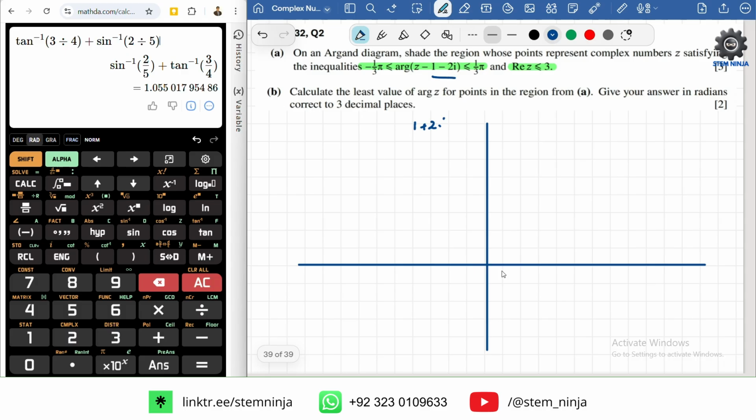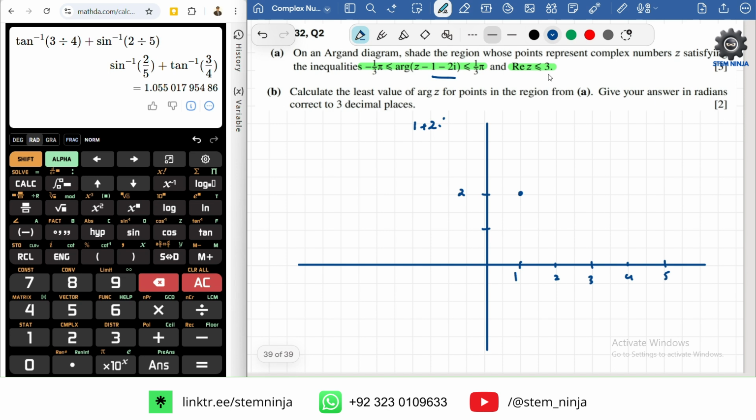So you have 1 plus 2i, so 1, 2. So the line is actually starting from this point.